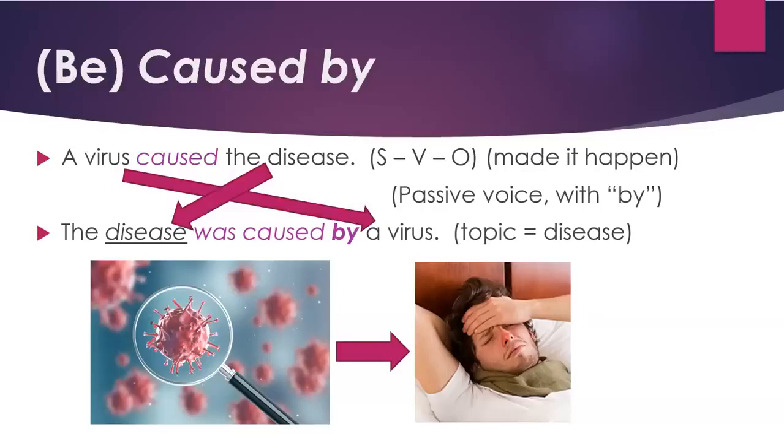The topic here of the sentence is the disease. So we've kind of switched it from virus to disease, and we're looking here at the effect. For the passive voice, we have another video, so we won't go into detail on how to form that here.